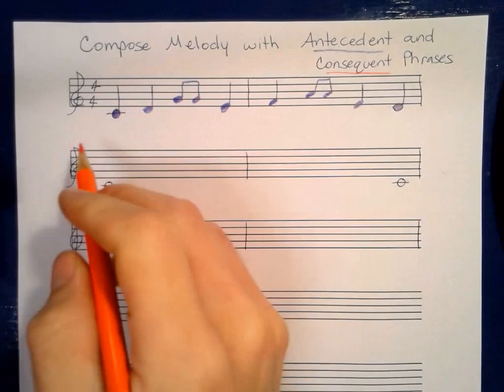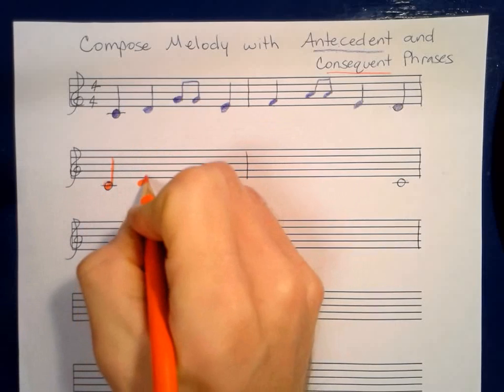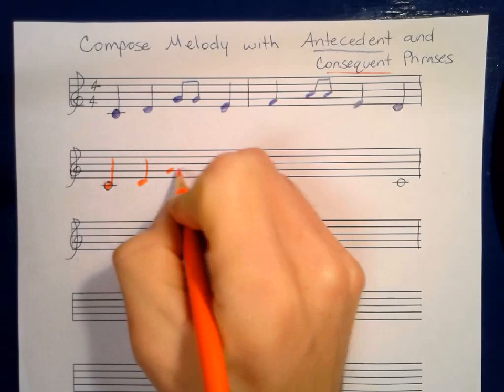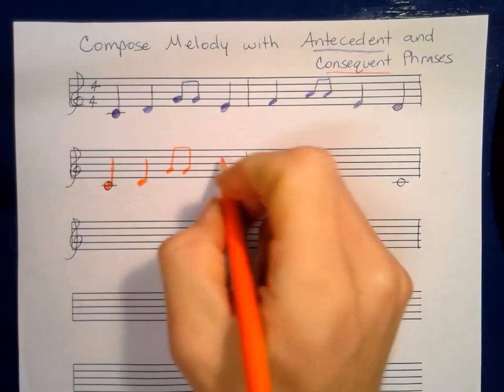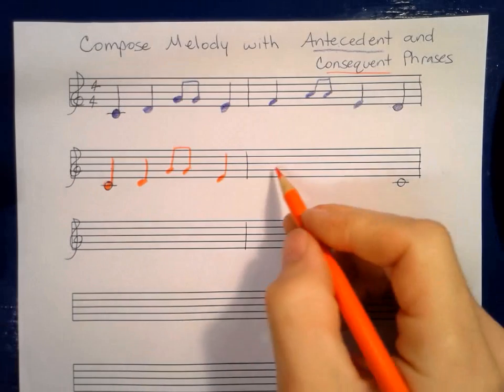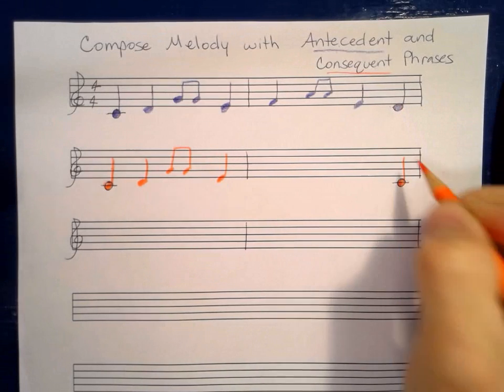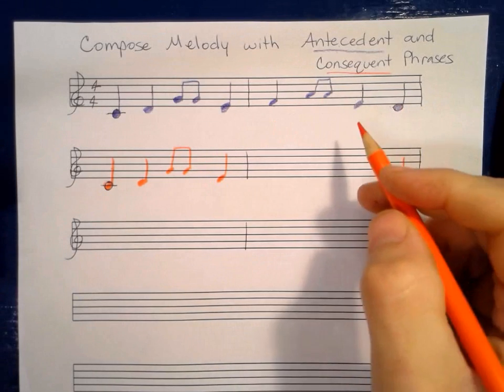So all I have to do is copy the first measure into measure 3, and that will give me my answer. Now, the tricky part over here is that we need to change the last note to this. And so we could copy some of it.